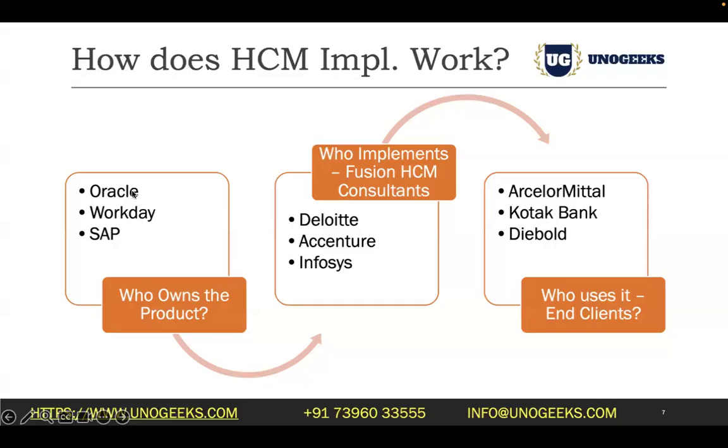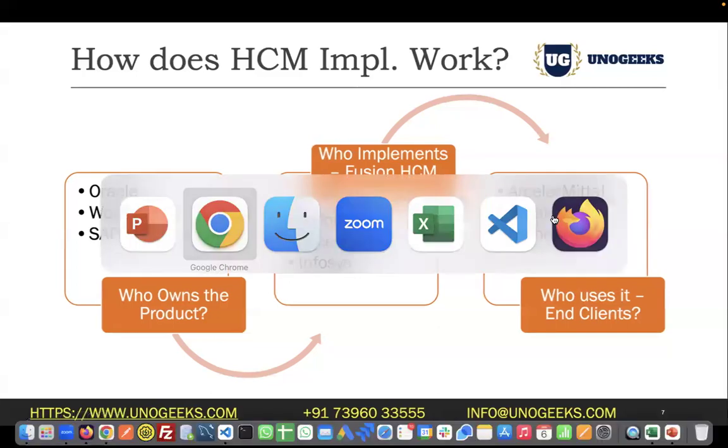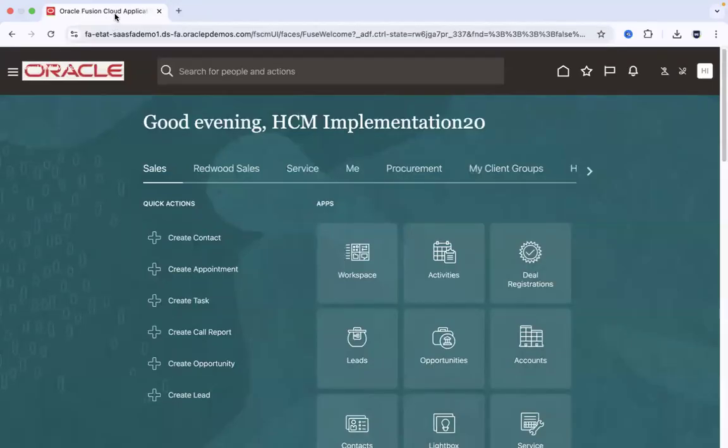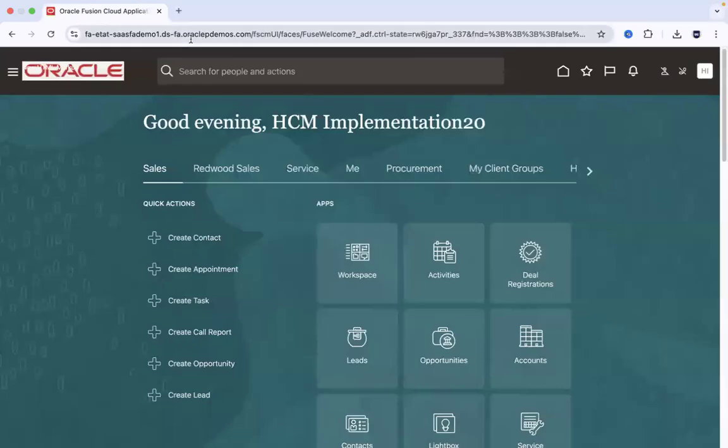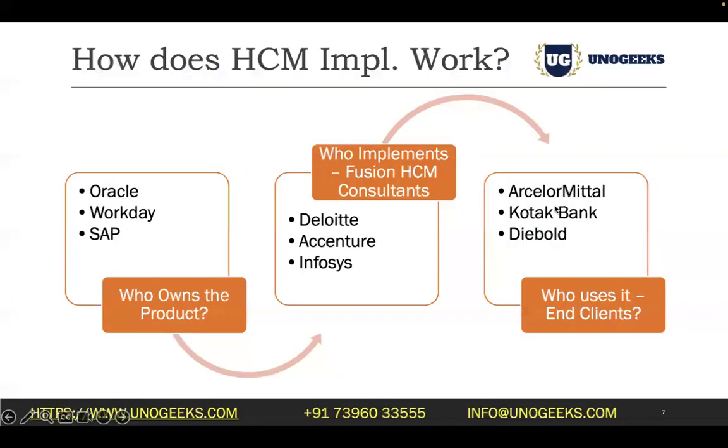So they go to Oracle and say, we want to use your HCM Cloud product. As I mentioned earlier, Oracle would go to the closest data center and install this Fusion HCM Cloud application, and the link, that URL, would be given to Kotak Mahindra Bank.